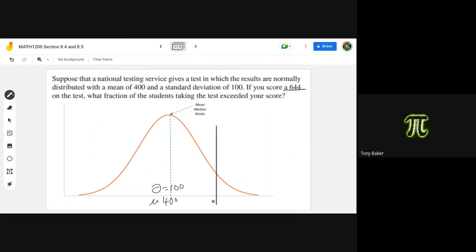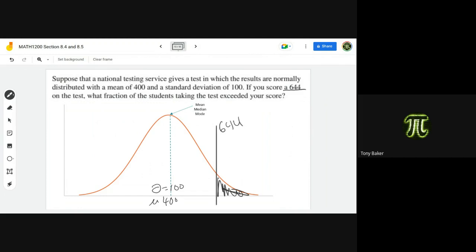I don't know exactly where. Somewhere over there. Okay. And they want to know what fraction of students taking the test exceeds your score. So do they want this side, A or B side? They want B, exceeds. So they want that.